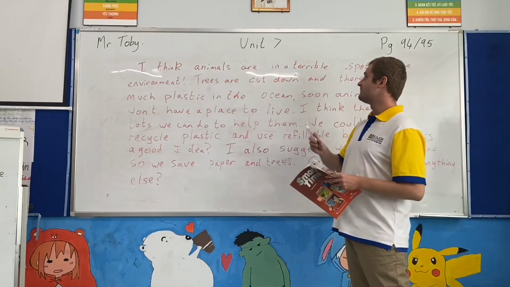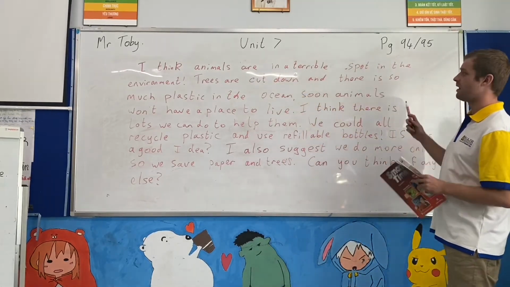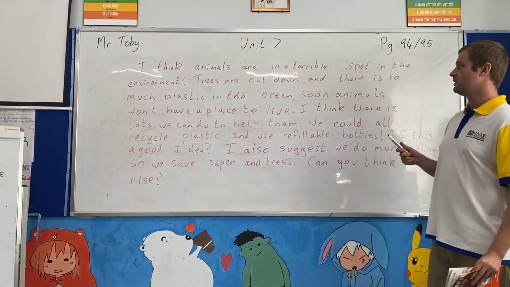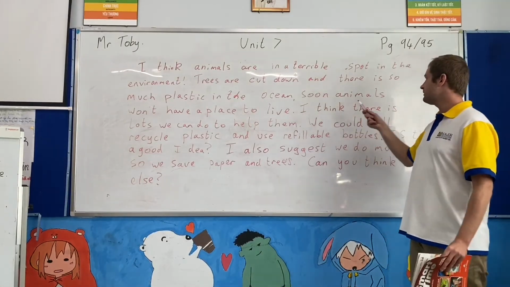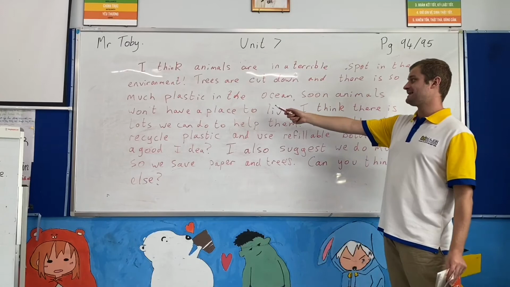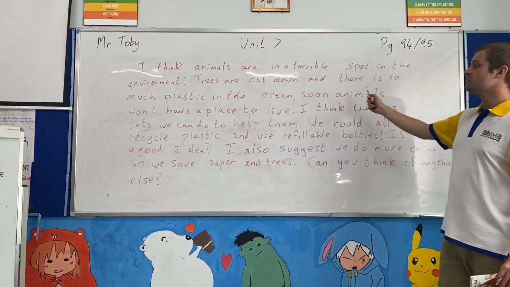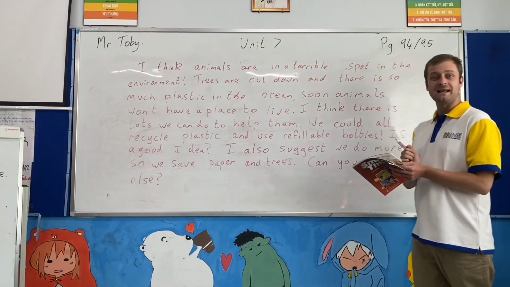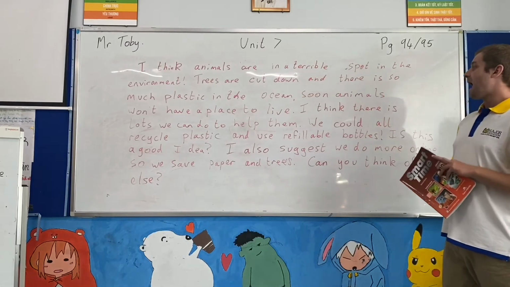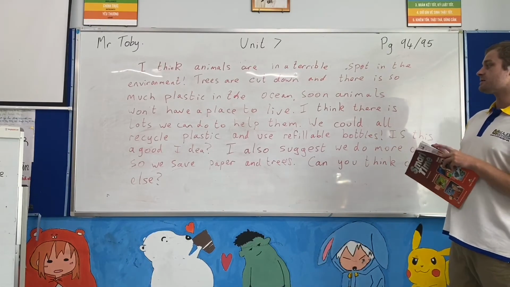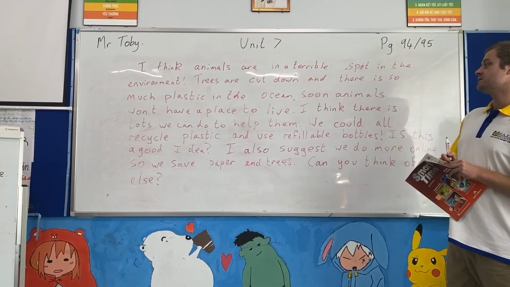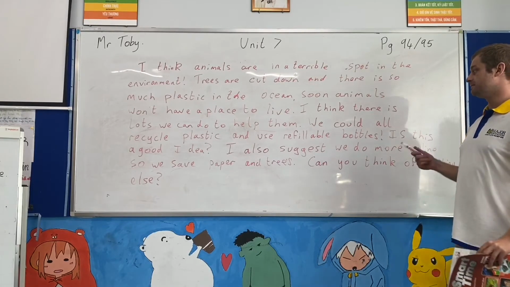I think animals are in a terrible spot in the environment. Trees are cut down and there is so much plastic in the ocean, soon animals won't have a place to live. I think there's lots we can do to help them.